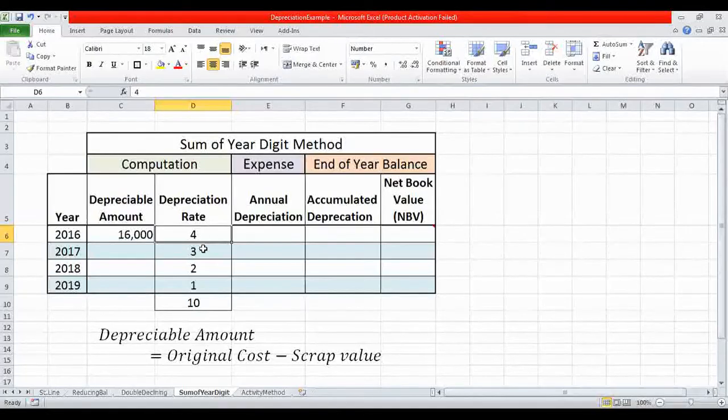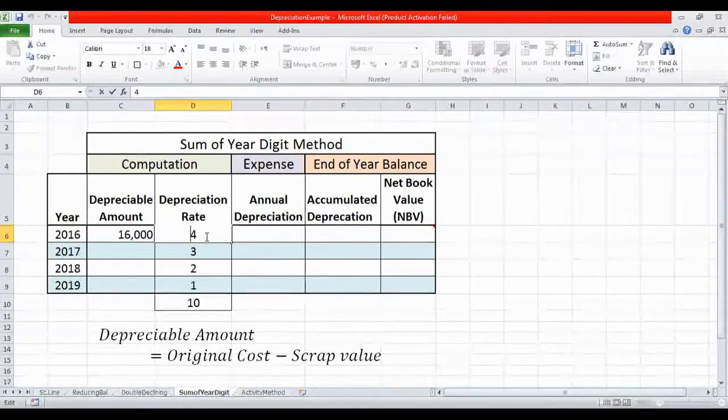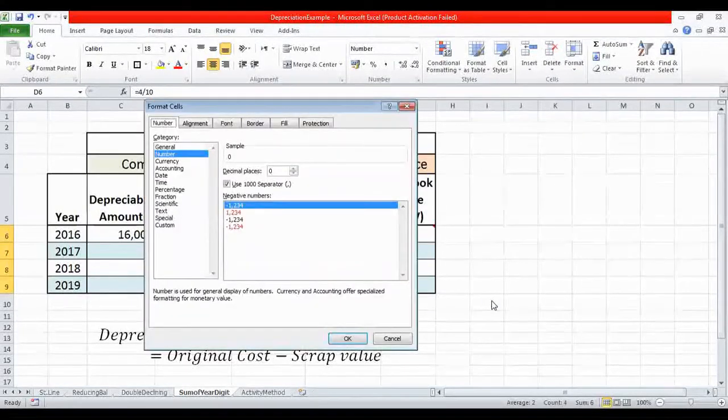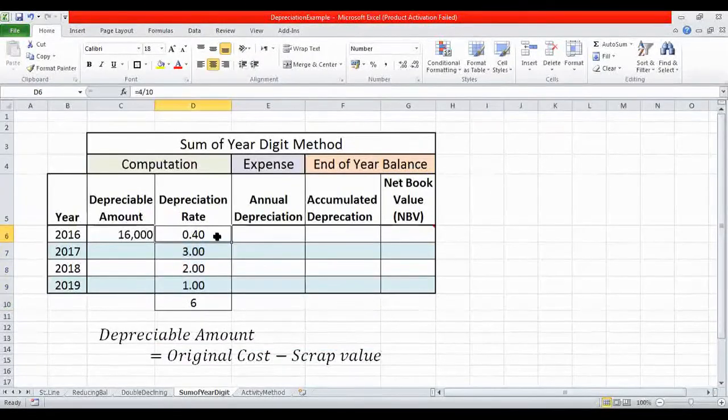So 4 plus 3, 7 plus 2, 9 plus 1 is 10. So now we need to calculate this rate. We can calculate this rate like this: 4 divided by the total number 10. When we divide it, it will become 0.4. Let me change the format so that we can see. So you can see 4.